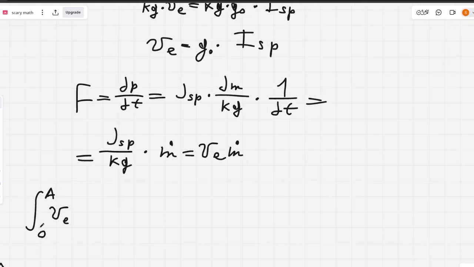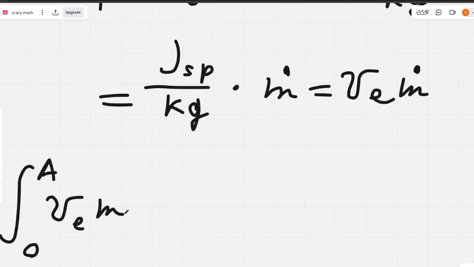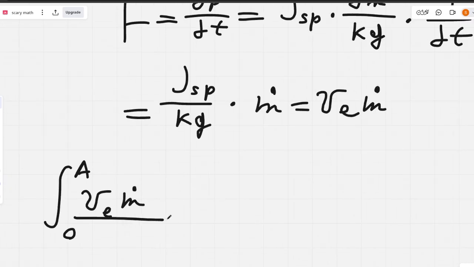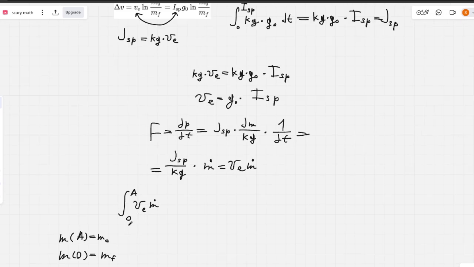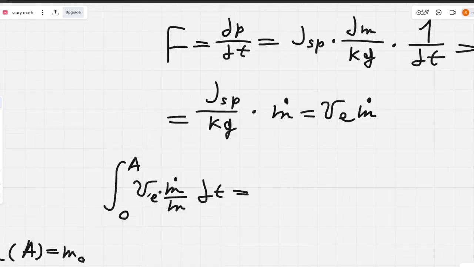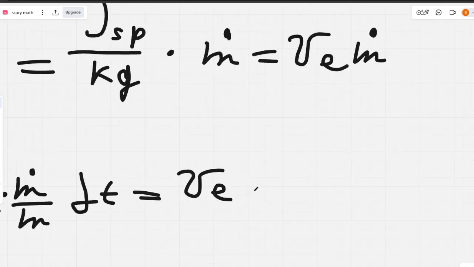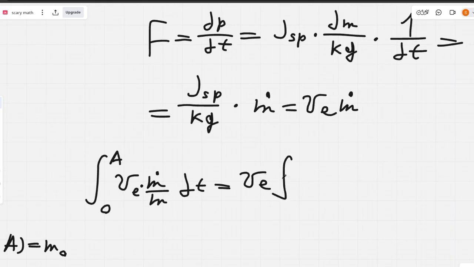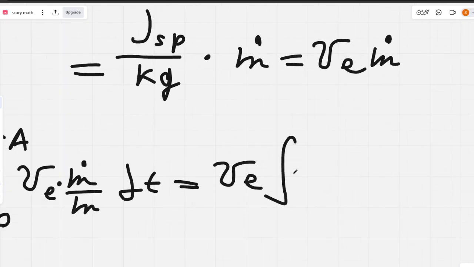So VE times the derivative of m. That's going to be the force, but we want to find the acceleration, so we just divide that by m dt. Alright, now we can bring VE out of the integral. And we have, if we integrate, we get from m of a to m of 0, 1 over x dx.